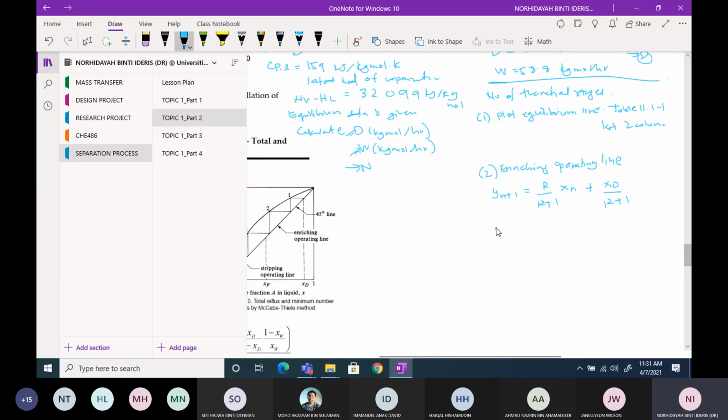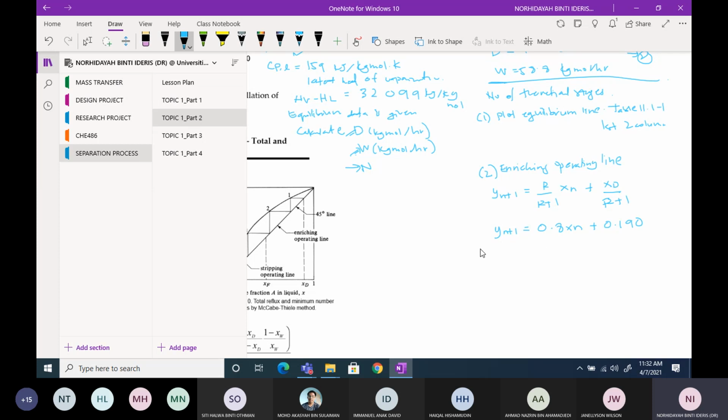Eventually you will get y_{n+1}, solve it yourself later, 0.8 x_n plus 0.190. Because the values of x_D and R are known.